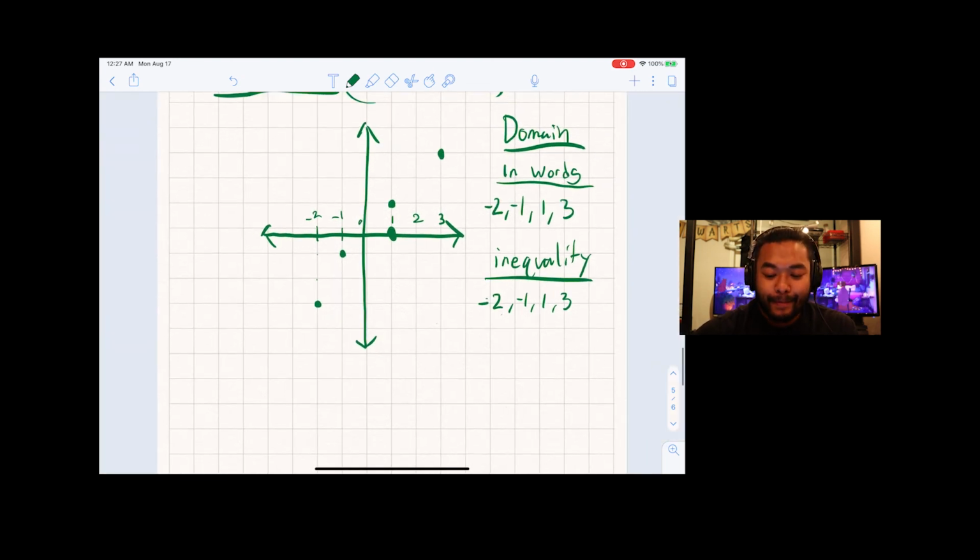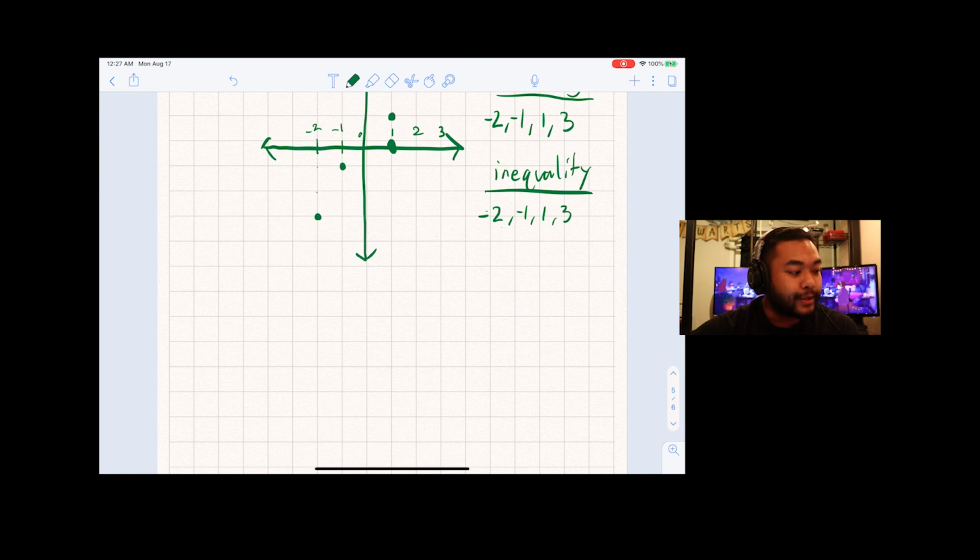It's the same. For interval notation, let's think very carefully about this. If I wanted to show an interval, right?